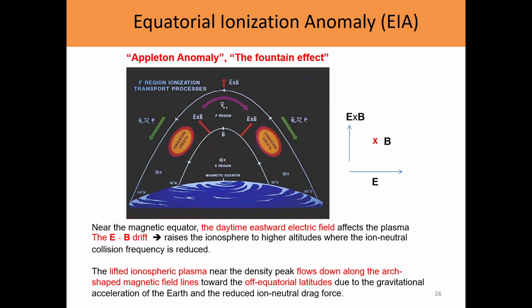Another term you may have heard quite often is called the equatorial ionization anomaly, right? Or sometimes we call it EIA. So what does it mean? If you take a look at this picture, this is more like a side view. The equator is here. Okay, this is the northern part, like the North Pole, let's say north direction. This is the southern side, right?